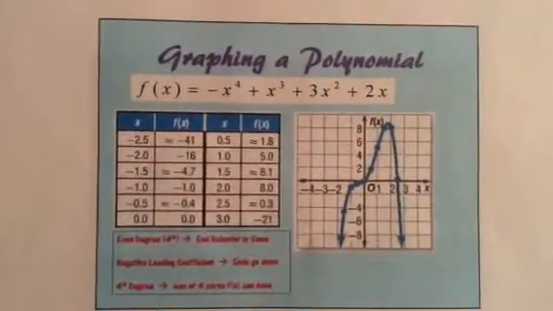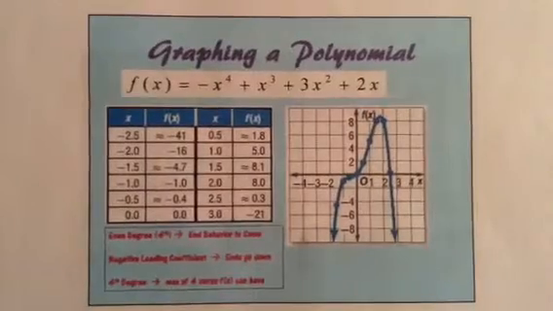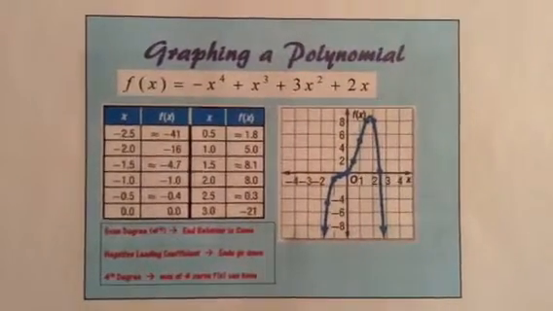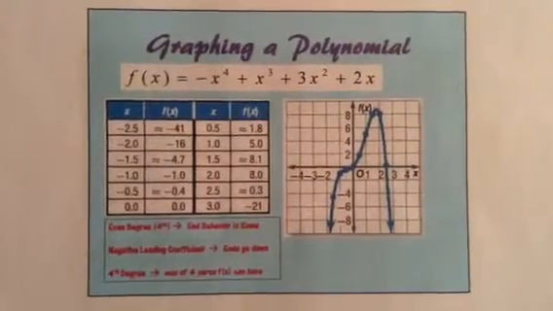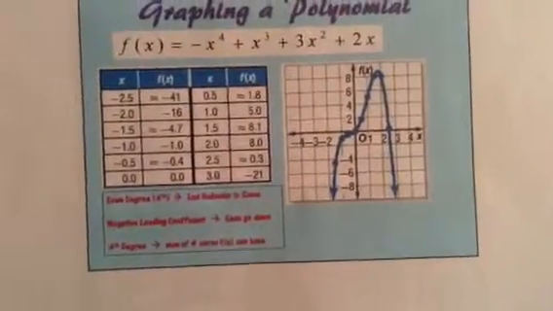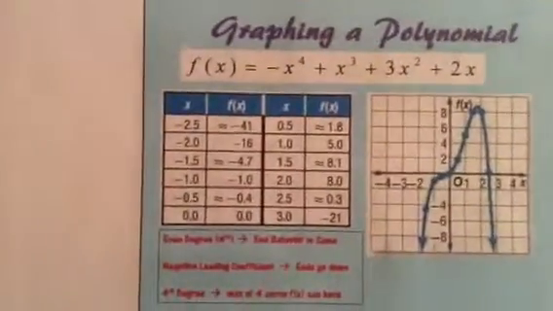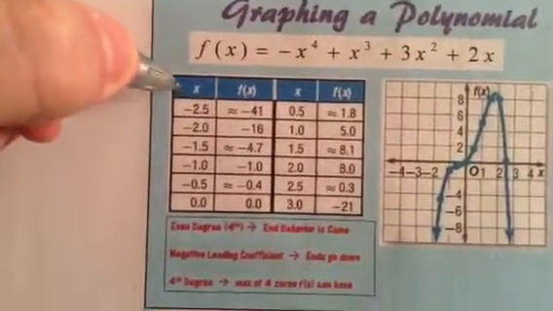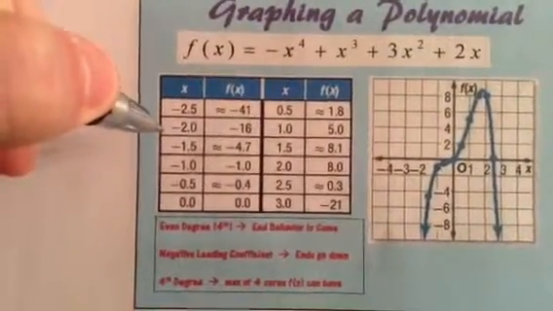If they give you a polynomial f of x, as you see at the top, they have actually also given you a table. Now these tables, or this table in particular, the x values, they chose themselves. Okay?